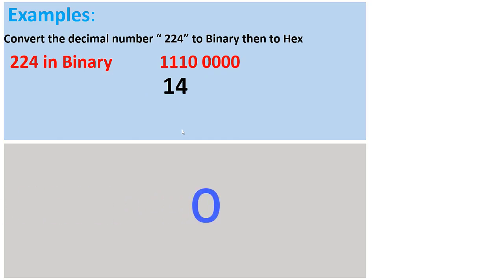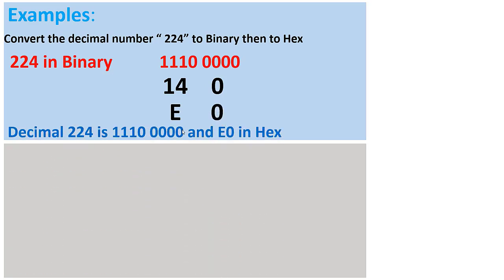The second bit is turned on, and its value is a 2. The third bit is turned on, and its value is a 4. So 2 plus 4 is 6, plus the 8, which is the fourth bit's value, is equal to 14. And the hex on the right is all turned off, so its value is a 0. In hexadecimal, we write the 14 as an E, and the 0 as a 0. So the decimal number 224 we write in binary like this, and in hexadecimal as E0.